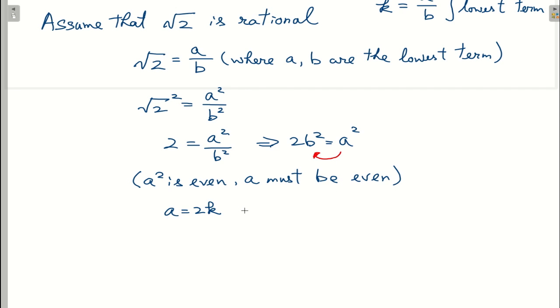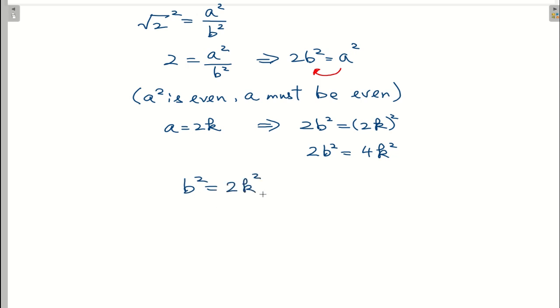So if a is even, we can represent a by 2k, and then we have 2b squared is equal to (2k) squared, and 2b squared is equal to 4k squared. Therefore, b squared is equal to 2k squared. Then b squared is even, so b must be even.